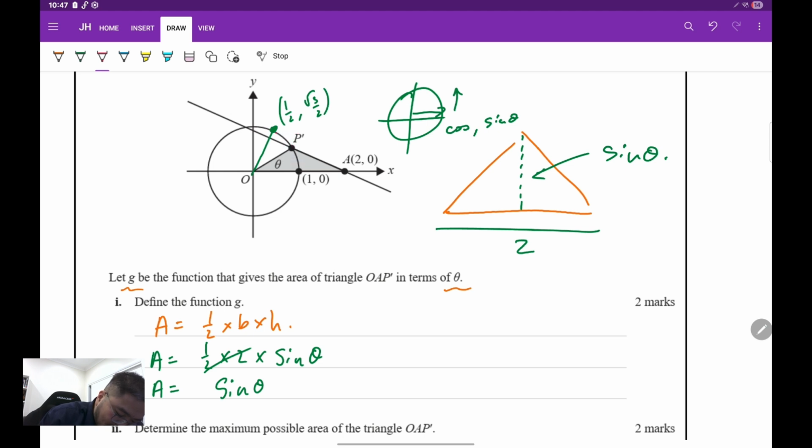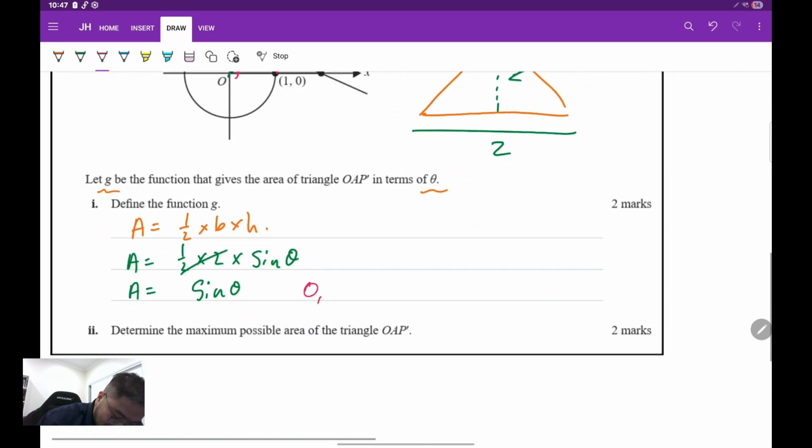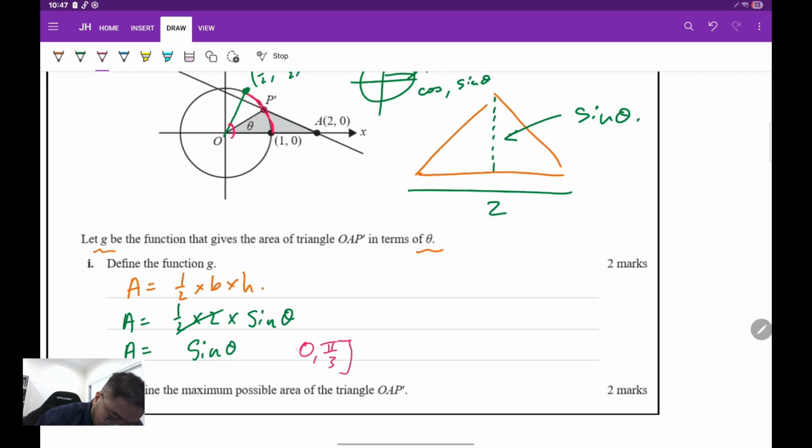So this tangent point will be from 0 to, what's that angle that we calculated there? Pi on 3. So pi on 3 is the absolute peak of that, and it can equal pi on 3. I'm not sure if it can equal 0 in this case. I'm going to assume it can't equal 0.